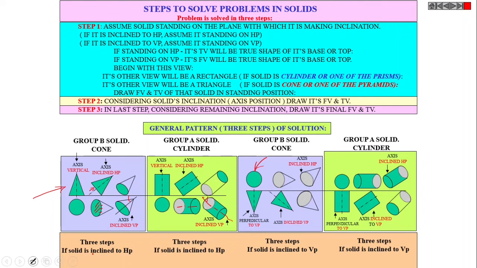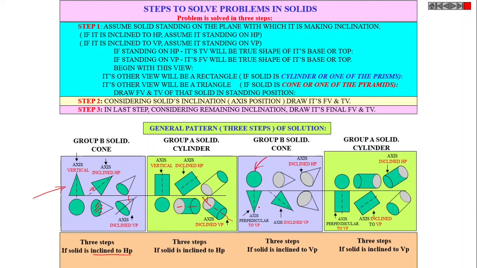If the solid is inclined to HP, then in its base figure the solid must be placed in such a way that its axis is perpendicular to HP. And if the solids are inclined to VP, then in its base figure that solid's axis must be perpendicular to VP.